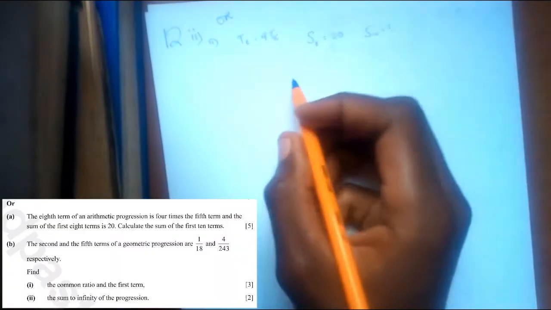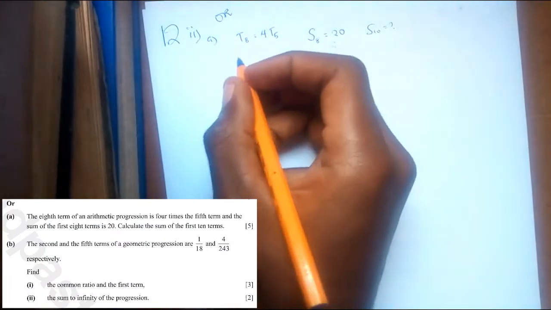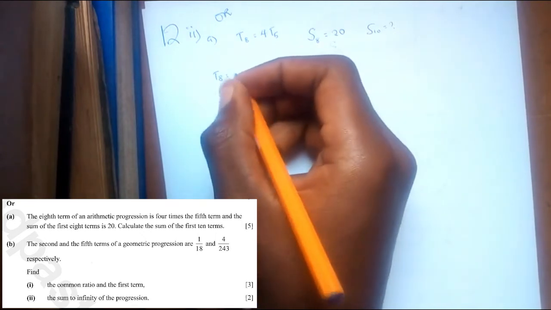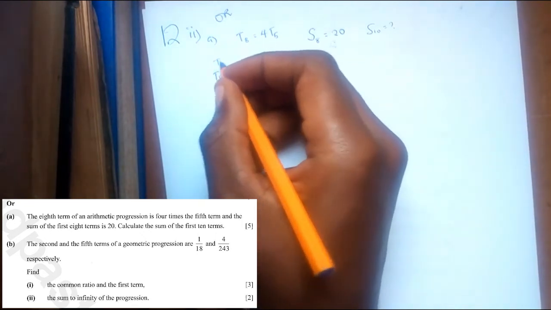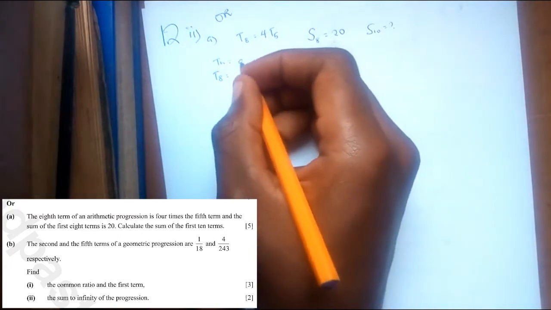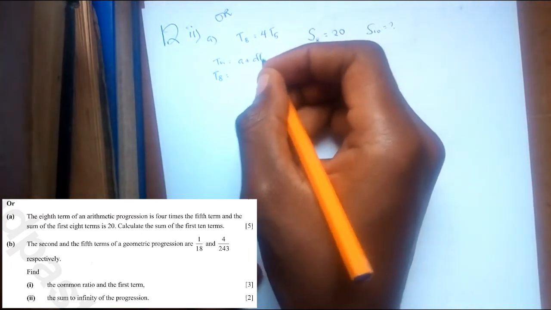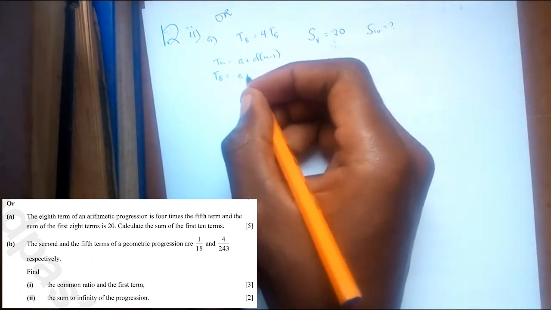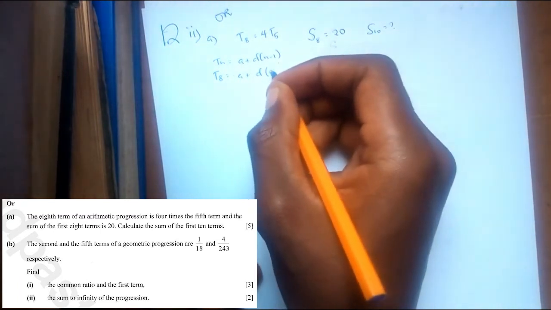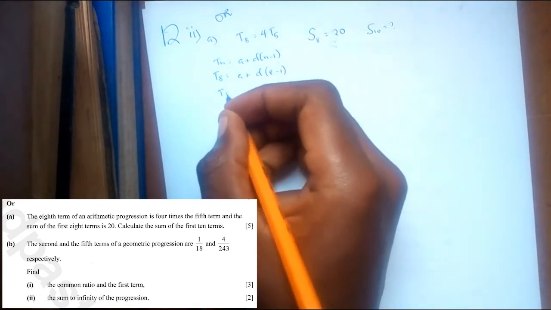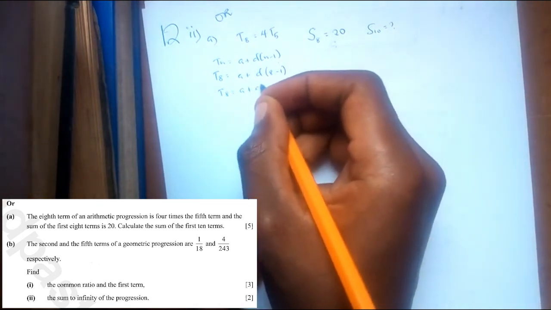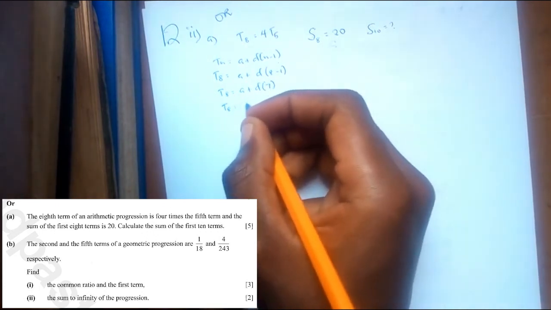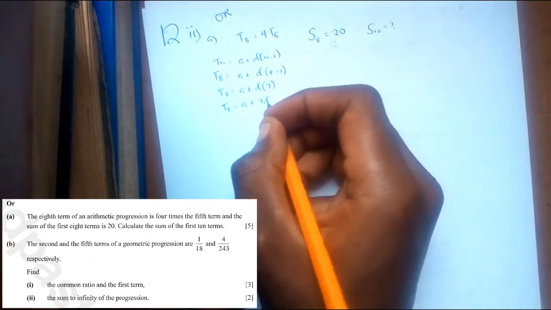So what we're going to do is, for an AP, the formula to find the nth term is A plus D times n minus 1. So term number 8 is A plus D times 8 minus 1, so T8 is equal to A plus 7D.